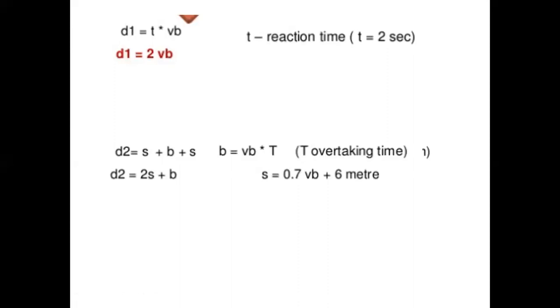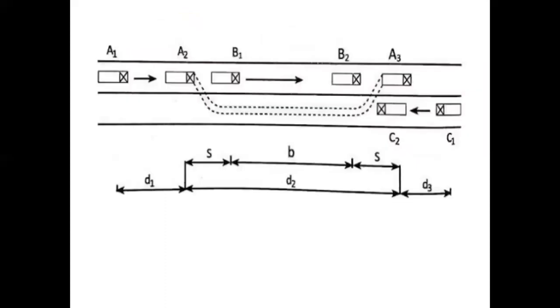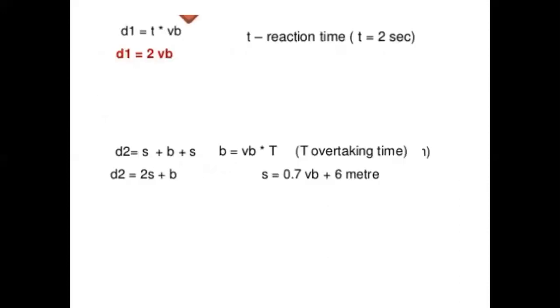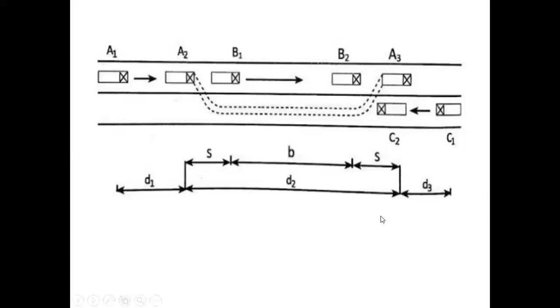Everything is distance here, D1, D2 and D3. It depends on which time you take and which speed you take. That is more important in this derivation. That's why I said only if you understand the concept, you yourself can derive this. I hope you understood now how we found D1.